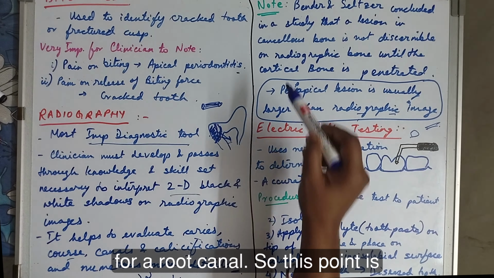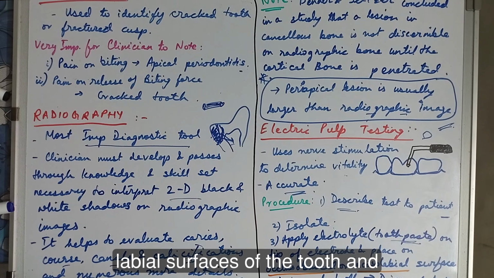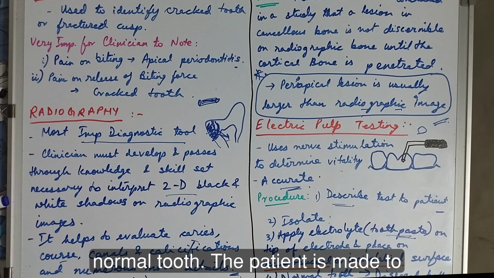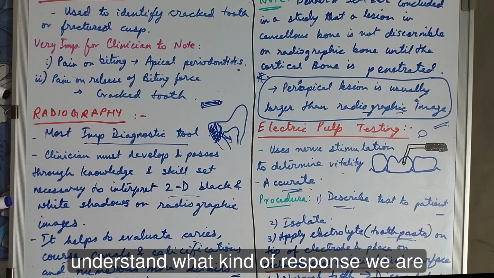Generally, a toothpaste can be used on the tip of the electrode, and then it is placed mostly on the occlusal or buccal, or the incisal or labial surfaces of the tooth. Generally, it is first done on a normal tooth. The patient is made to understand what kind of response we are looking for, and then we move on to the diseased tooth.